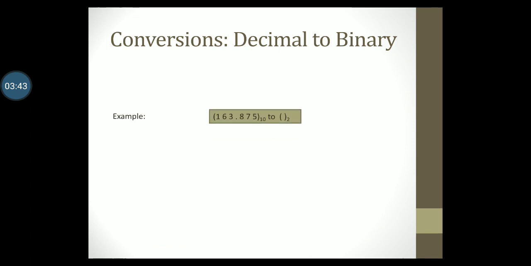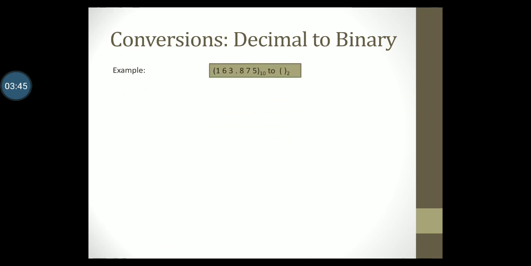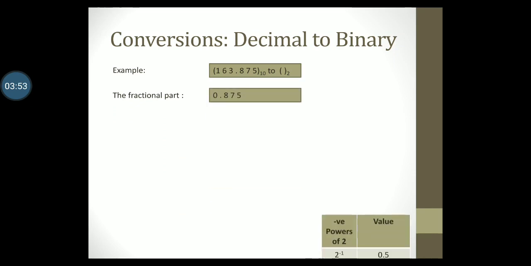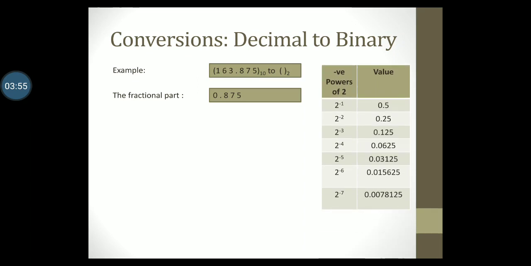In the same example, let us now take a look at the fractional part, that is 0.875. For this, we will refer to the negative powers of 2 which are listed in the table.